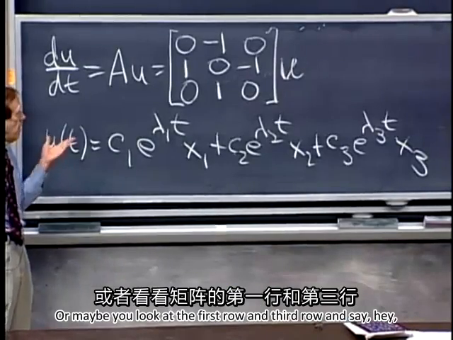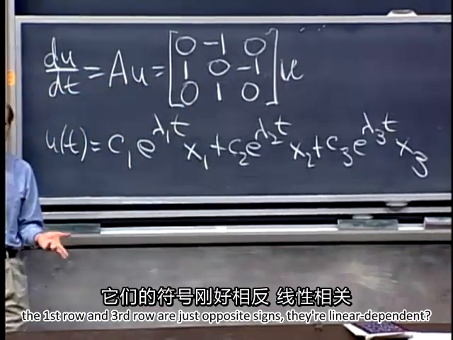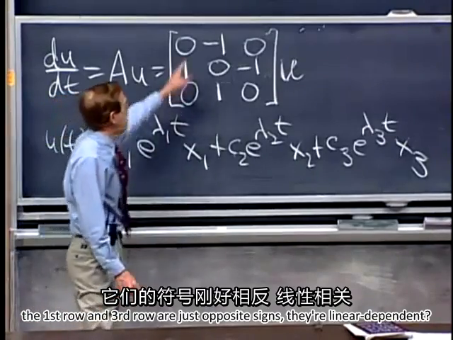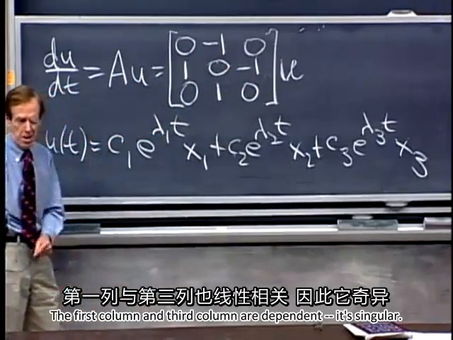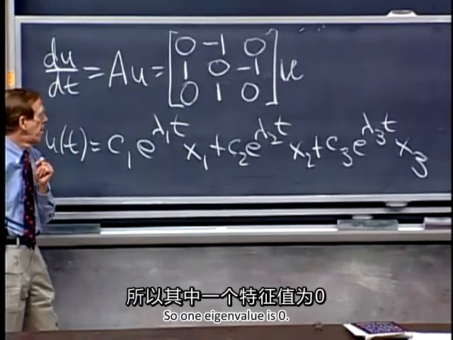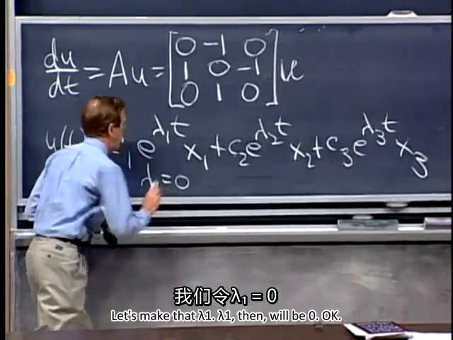Or maybe you look at the first row and third row and say, hey, they are just opposite signs. They're linearly dependent. The first column and third column are dependent. It's singular. So one eigenvalue is 0. Let's make that lambda 1. Lambda 1 then will be 0.